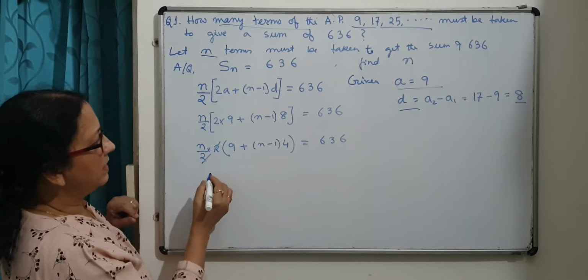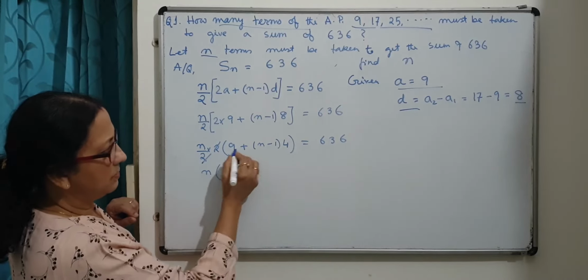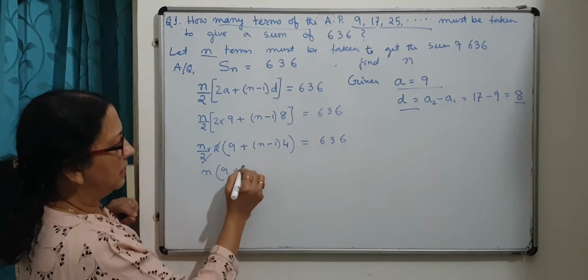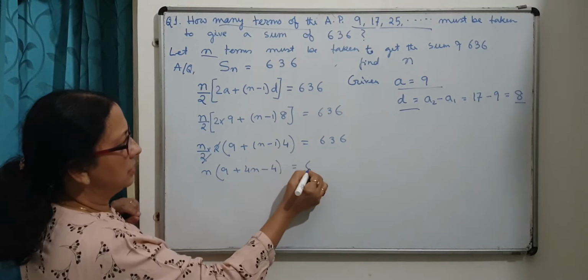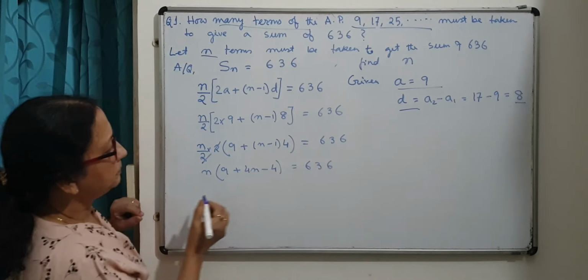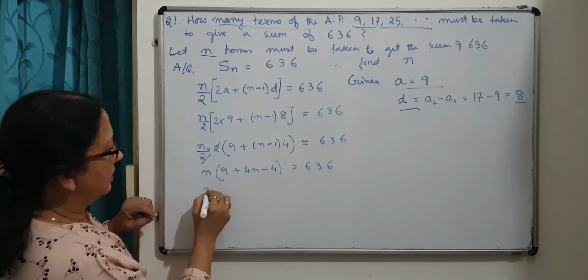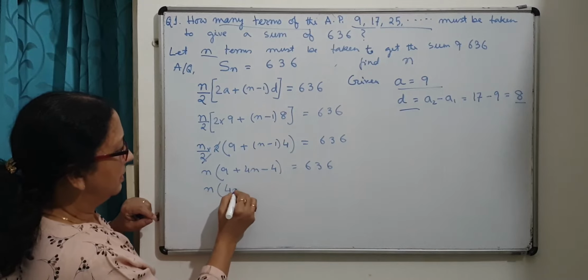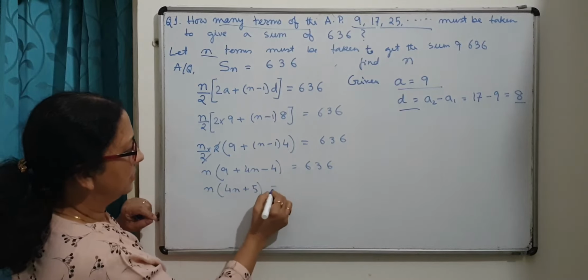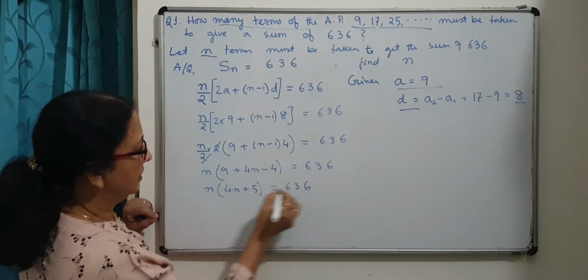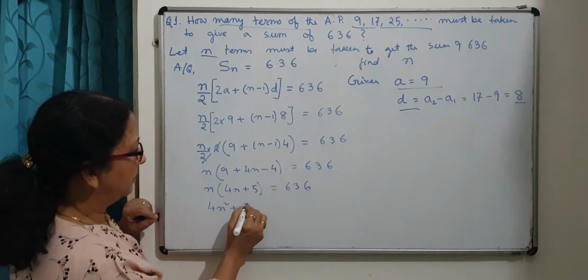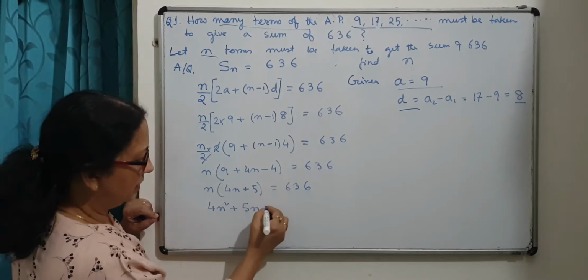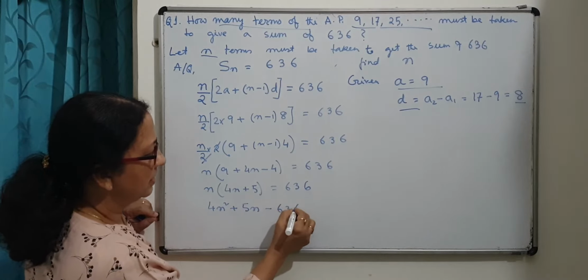And we simplify. First we simplify this one: 9 plus 4n minus 4 is 636. So it is n into (4n plus 5) is 636. Or you open it: 4n square plus 5n minus 636 is 0.